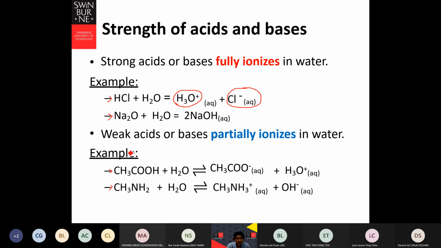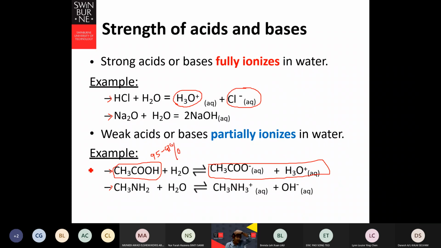For weak acid and weak base, this is vinegar, or we call it acetic acid, a weak acid in the water. So when it is dissolved in the water, it will ionize in this form, but it's a very small amount. Mostly 97% of this acetic acid will be as it is in the solution.